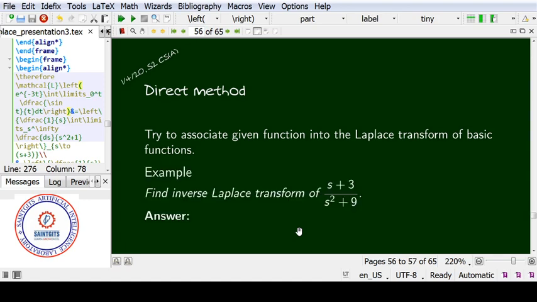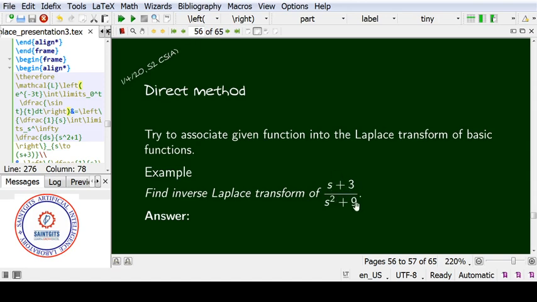As a first problem, we are trying to find the inverse Laplace transform of s plus 3 by s square plus 9. All these expressions are in terms of s, so we are in the transformed domain, or s plane. Now we have to come back from the s plane to the time domain. That is why we are applying L inverse. As a first look, the numerator contains two terms, s and 3.